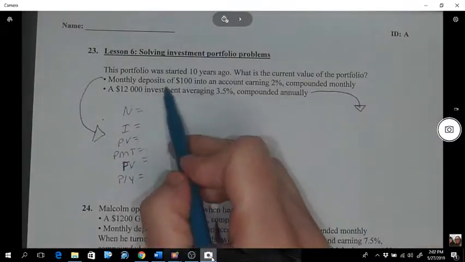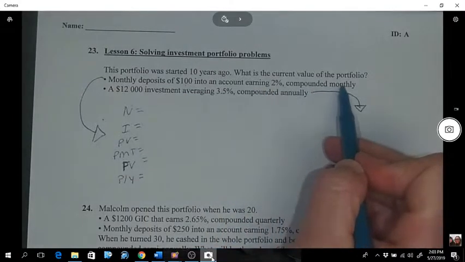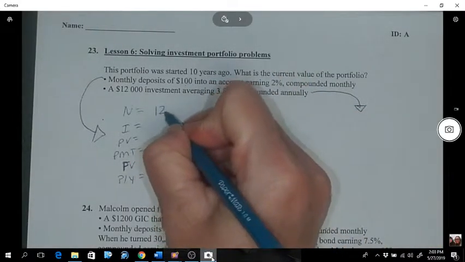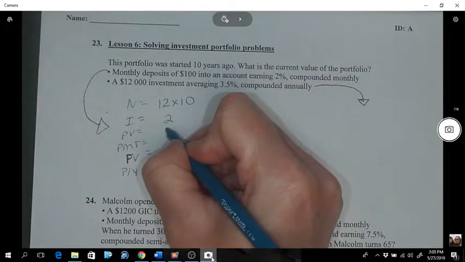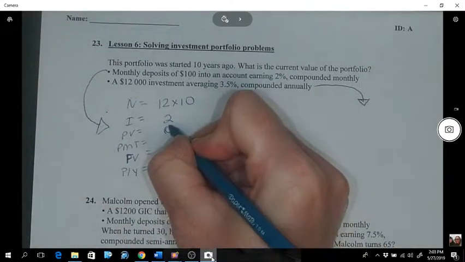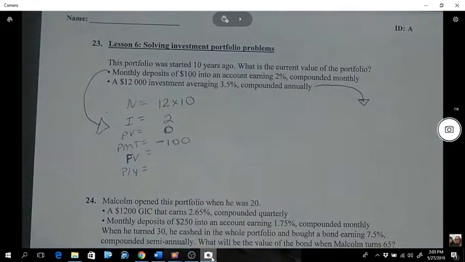Monthly deposits of $100 into an account, 2% interest compounding every month. So 12 times 10 would be our N, because it's 10 years, every month. I is 2, previous value 0, payments we're going to put a negative 100 in there.